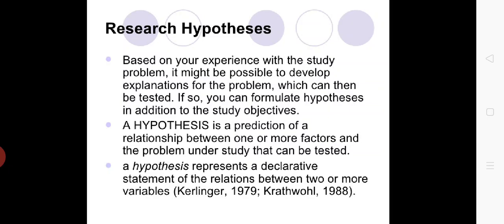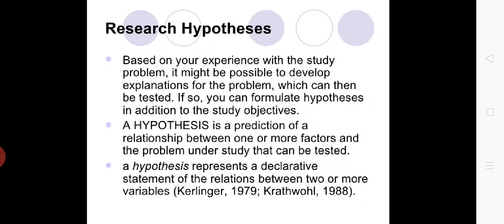Research hypothesis: we have already had a complete lecture about formulating the research questions and hypothesis. So if you want to review, you can study it from here, or otherwise you have learned in detail in the previous lectures about research hypothesis. It is based on your experience with the study problem.